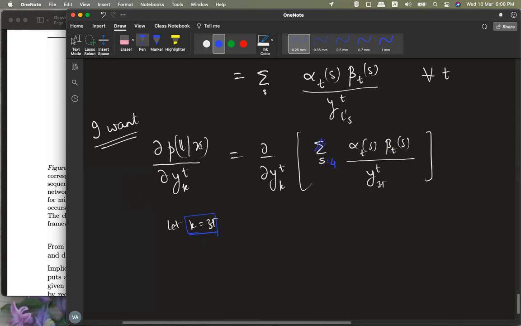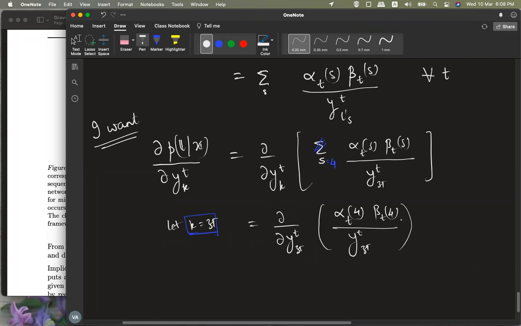Just put s equal to 4. So alpha_t4, beta_t4 upon y_t.